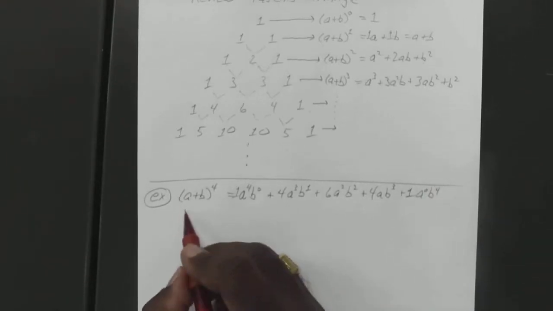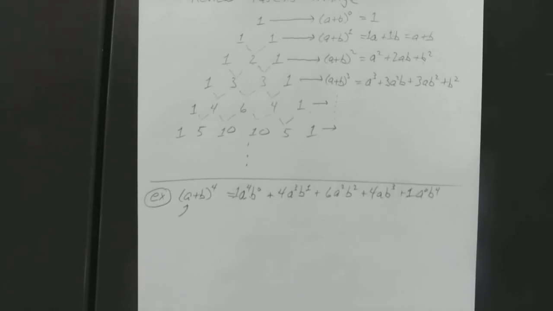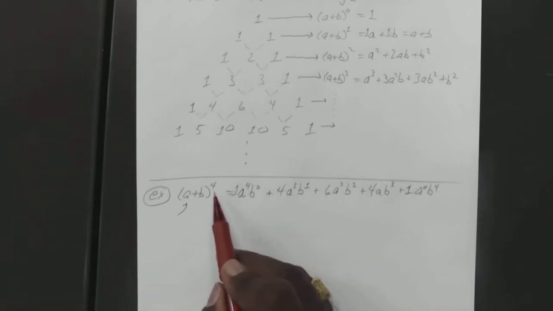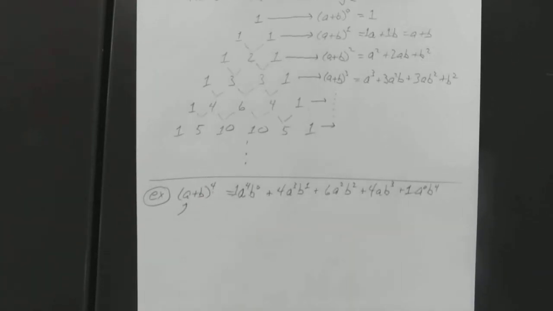So here your a is going to start at your exponent, and it's going to go down each term. The b is going to start at 0 at the first term, and it's going to go up each term after that.